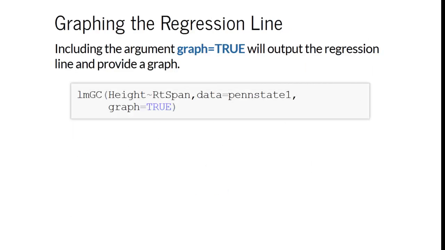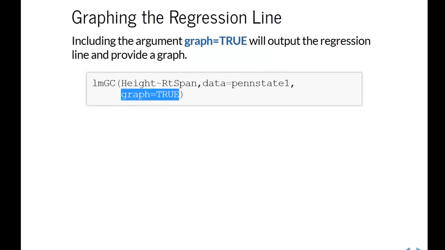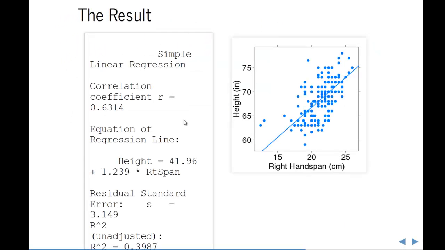If you want to include a graph along with the output of the regression line from the LMGC function, you can add the argument graph equal true, and you will get the scatter plot with the regression line. You will get the output that you saw before in the console along with the scatter plot and the regression line.